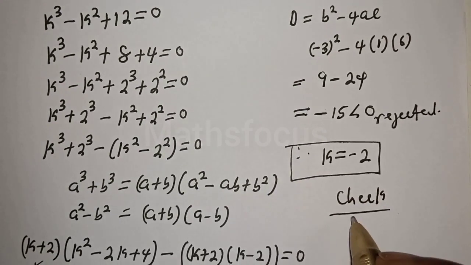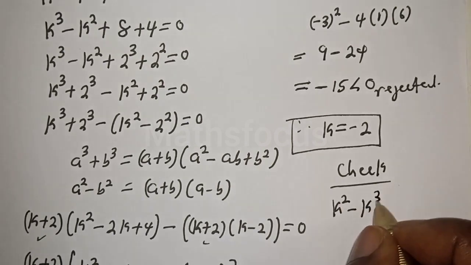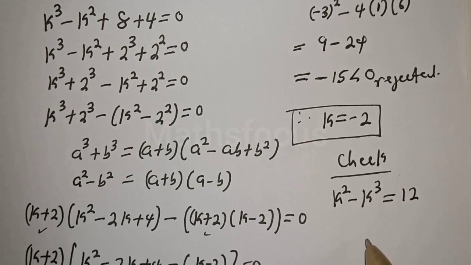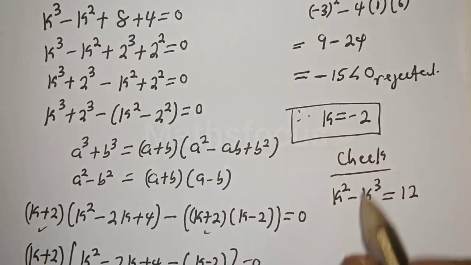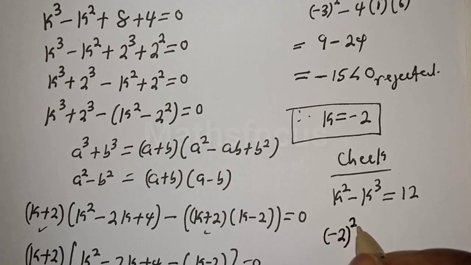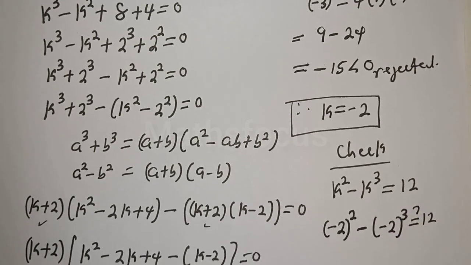We have the given equation k squared minus k raised to power 3 is equal to 12. When k is equal to minus 2, here is minus 2 square minus bracket minus 2 raised to power 3 must be equal to 12.